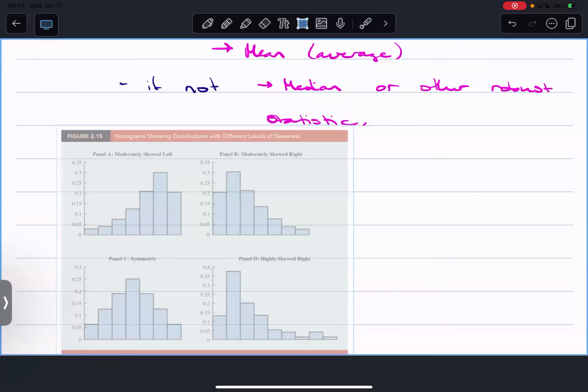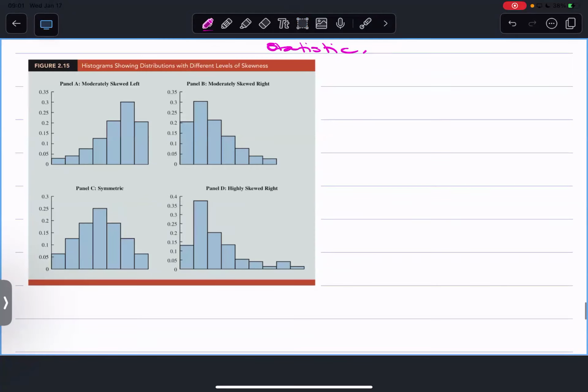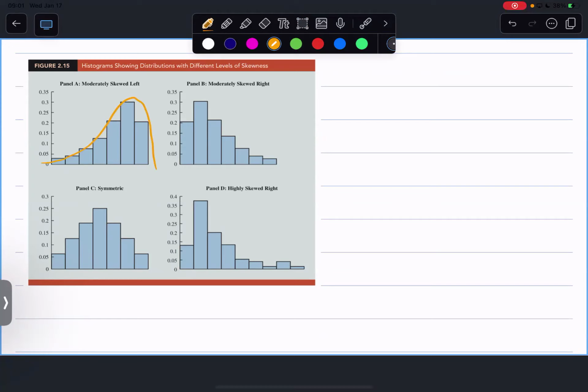So here are some of the shapes that we can have. So here, if I had to kind of broad strokes this thing, right, I would make it look like this, right? And so, which is kind of the same as this, just going the other way.